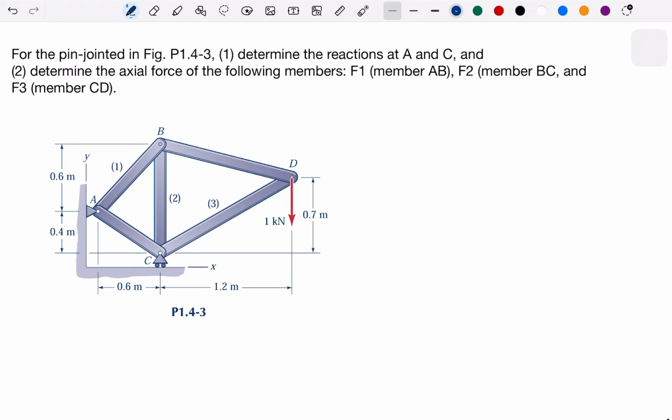So we just draw the bar as just a thin line. Okay. So we can try to draw here.